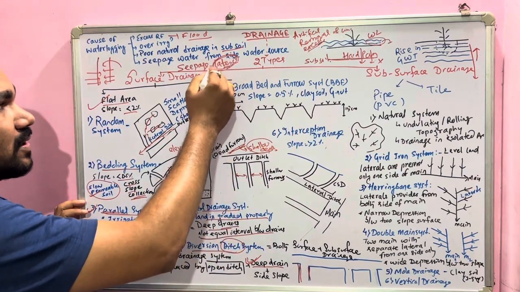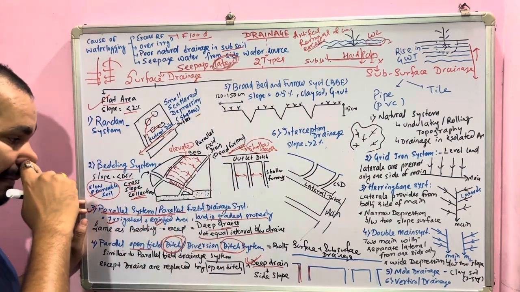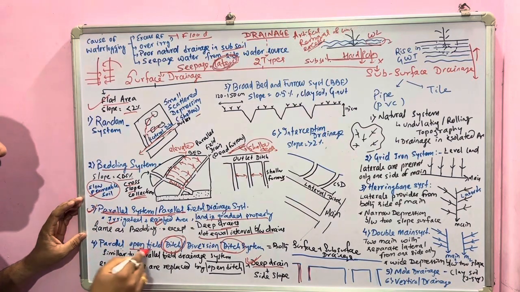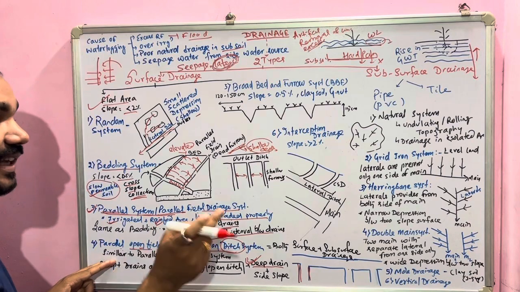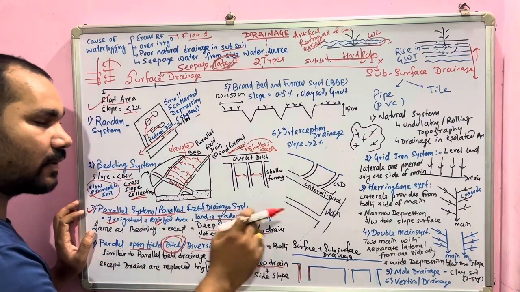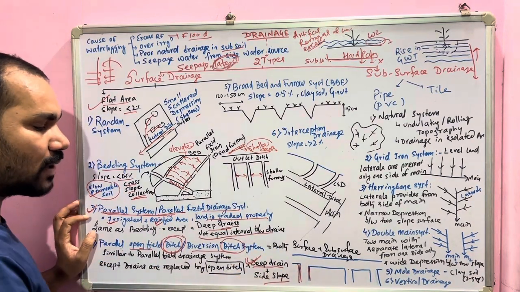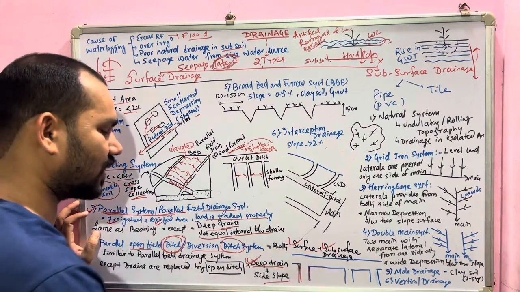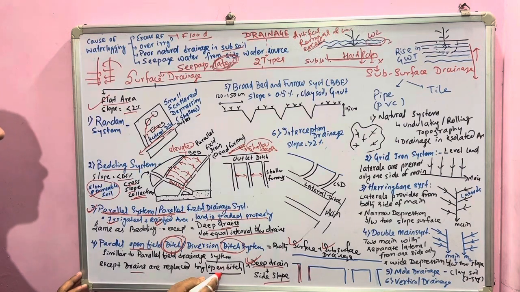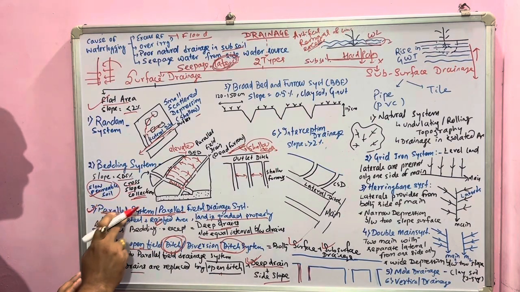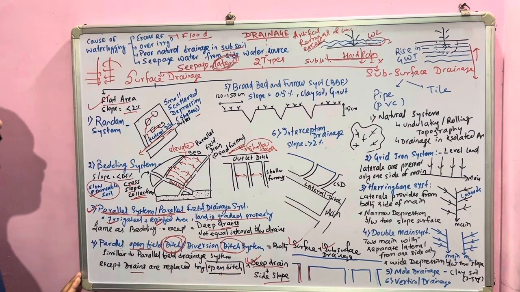In case of seepage, lateral movement of the water will be there. Now, the parallel open ditch system is similar to the parallel field drainage system, but the drain depth is very, very high and a side slope will be there, and it will drain both surface as well as subsurface water. So drains are replaced by the open ditch. Here drains are there, but in this case the open ditch will replace the drains.